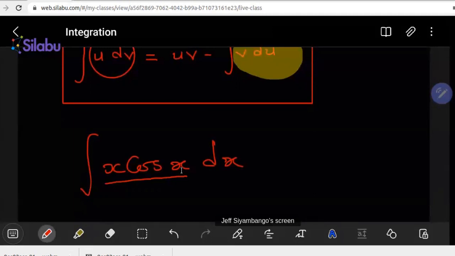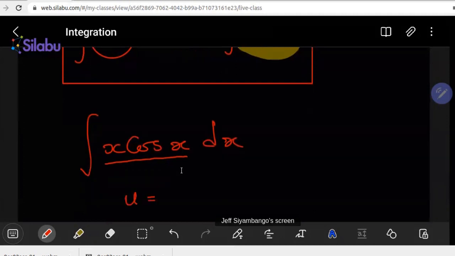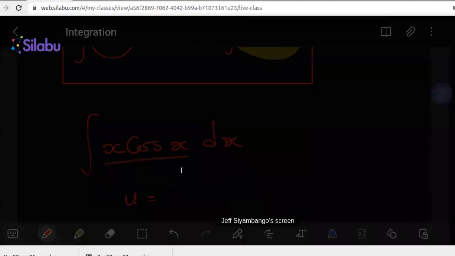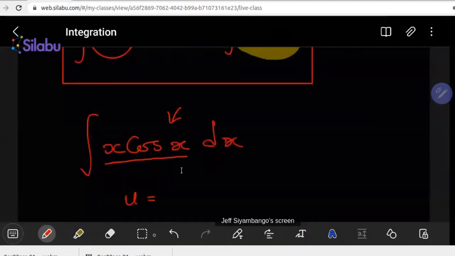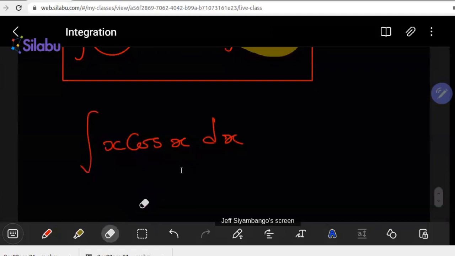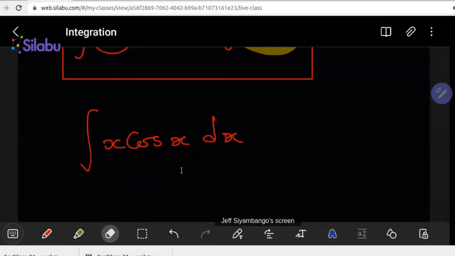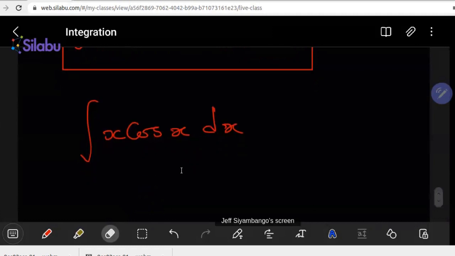The part you choose to be your u has to be something that becomes a constant after several differentiations. And the part you pick as your dv has to be something that you can integrate using standard integrals. Ideally, that is how you choose your u and your dv.